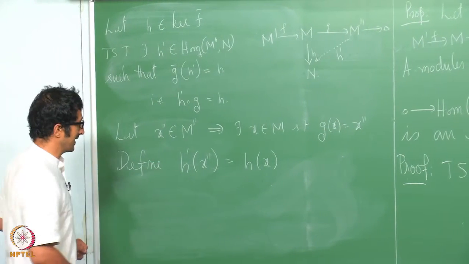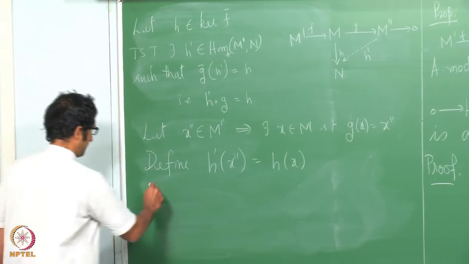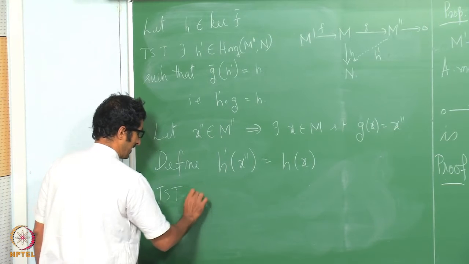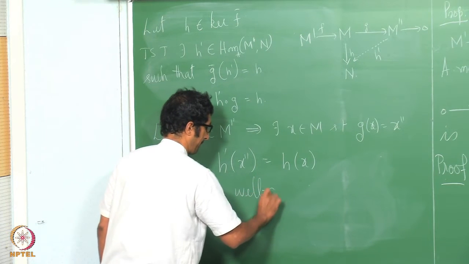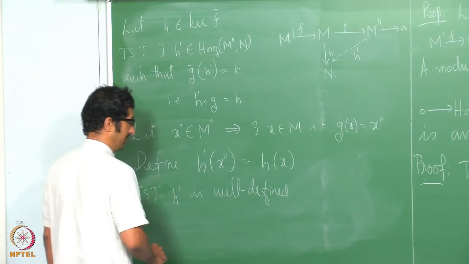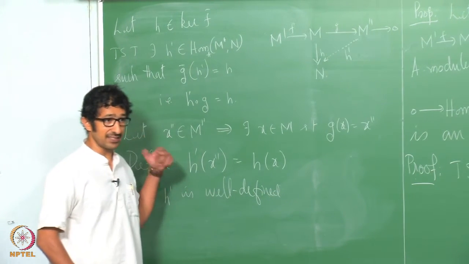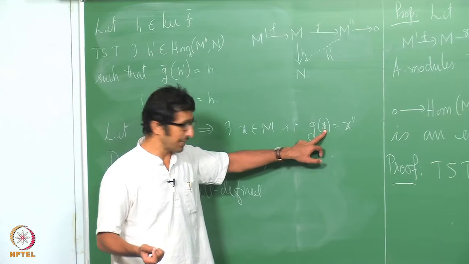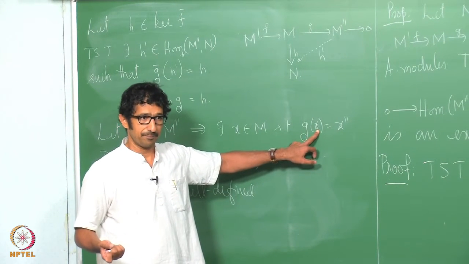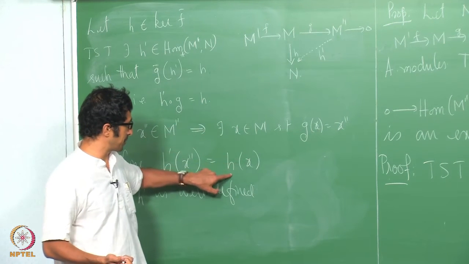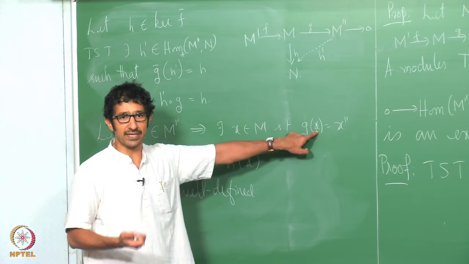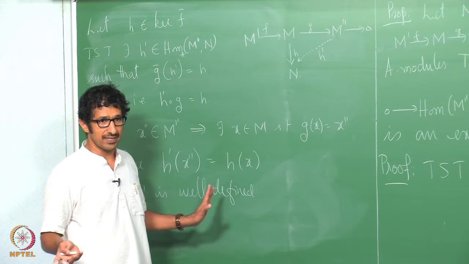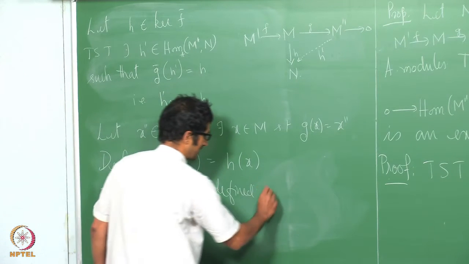So, first we need to show that h prime is well defined. How do I show that well definedness here? If I show that whichever pre-image I choose, it does not matter. If I choose two pre-images x1 and x2, if I show that h of x1 is equal to h of x2, we are done. Okay.